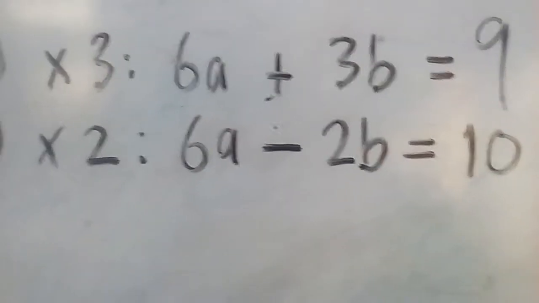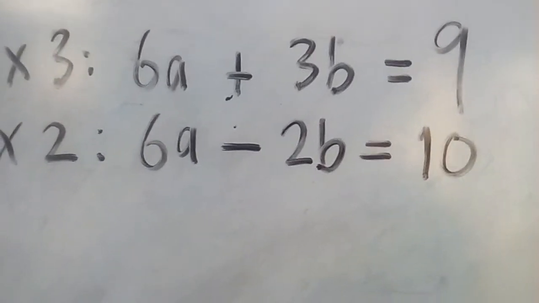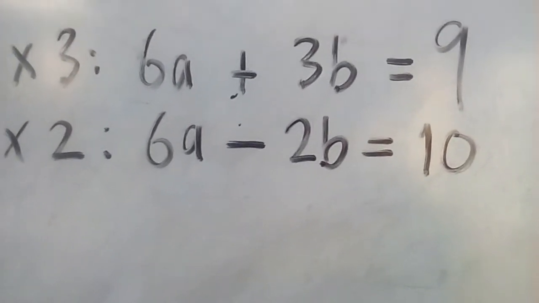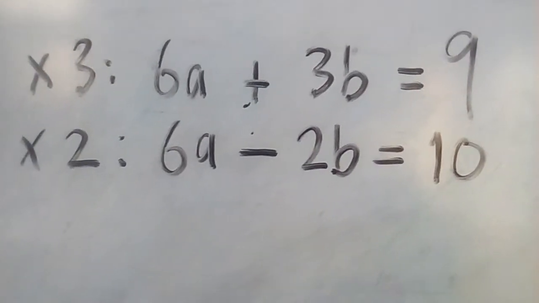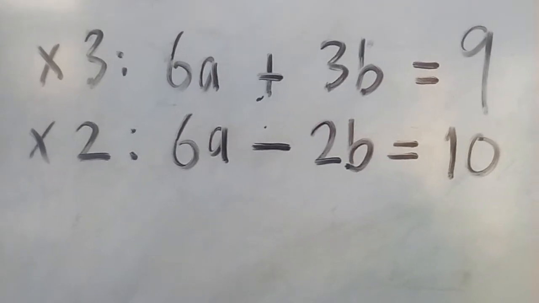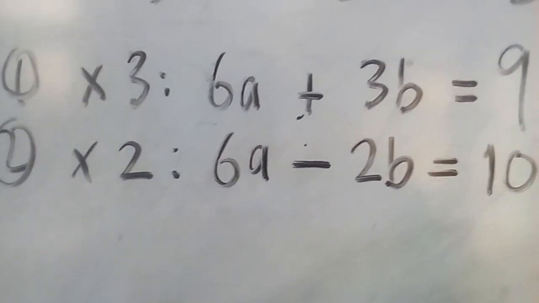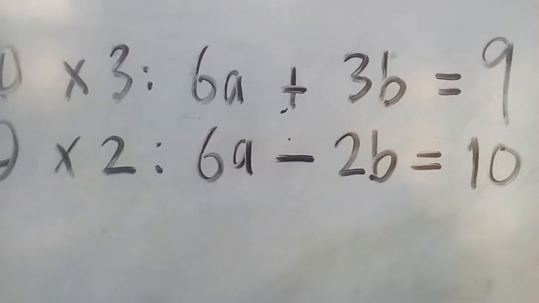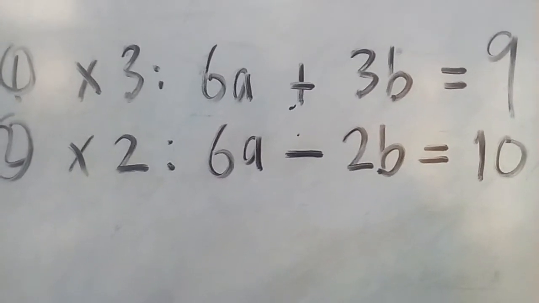We wouldn't have had to go through this route. But the reason why I took this route is because there are actually times that you may not need to find both variables. So you have to be really careful and fast to choose which variable to eliminate so you don't waste time on that question.